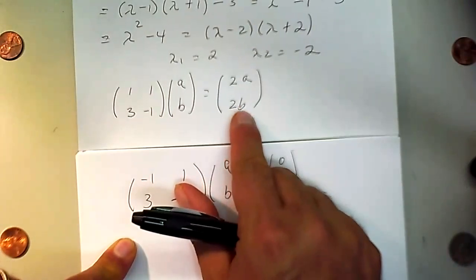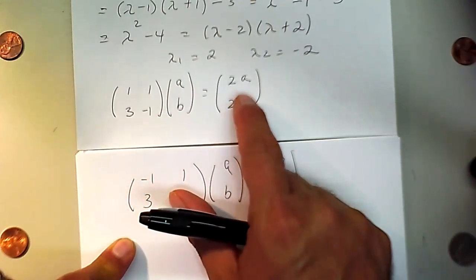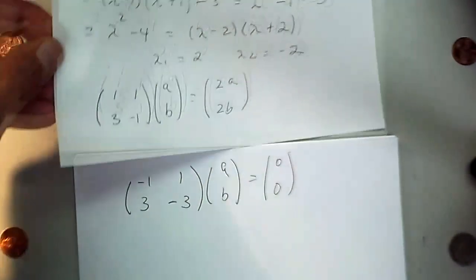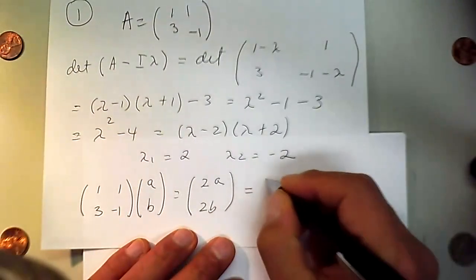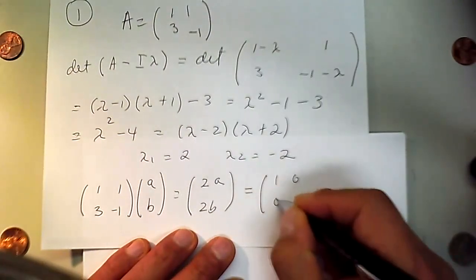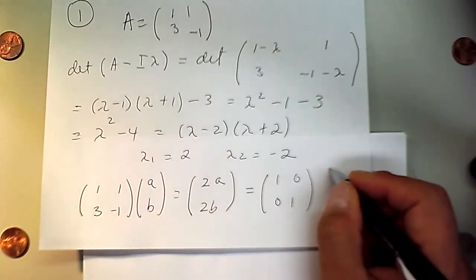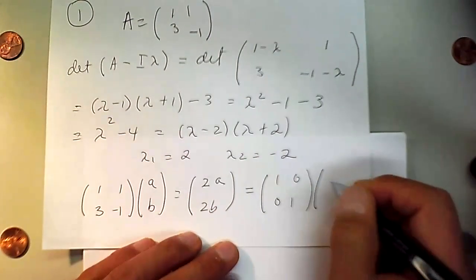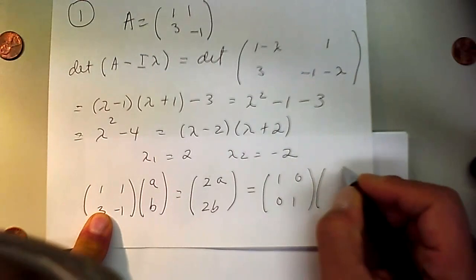What I did is essentially subtract this matrix from this matrix. Let me elaborate on that a little more. This matrix is the same thing as 1, 0, 0, 1 times 2, A, B. Because this is a 2 by 2, 2A and 2B.